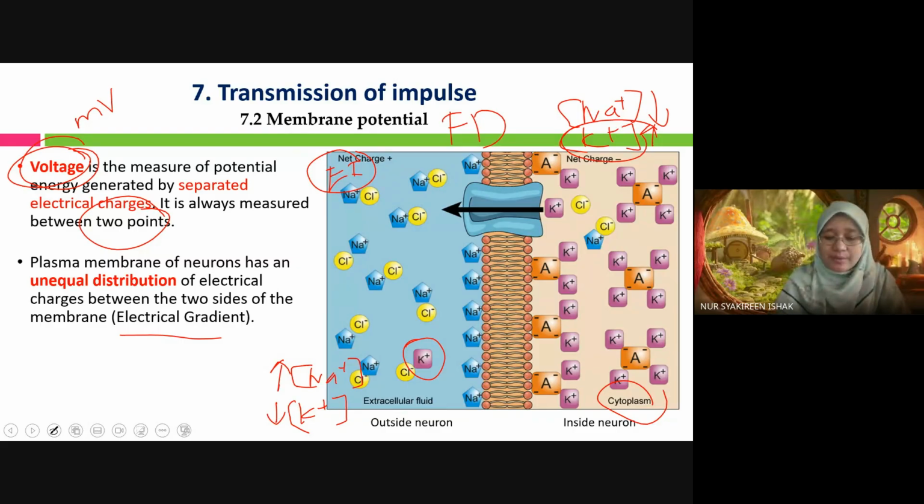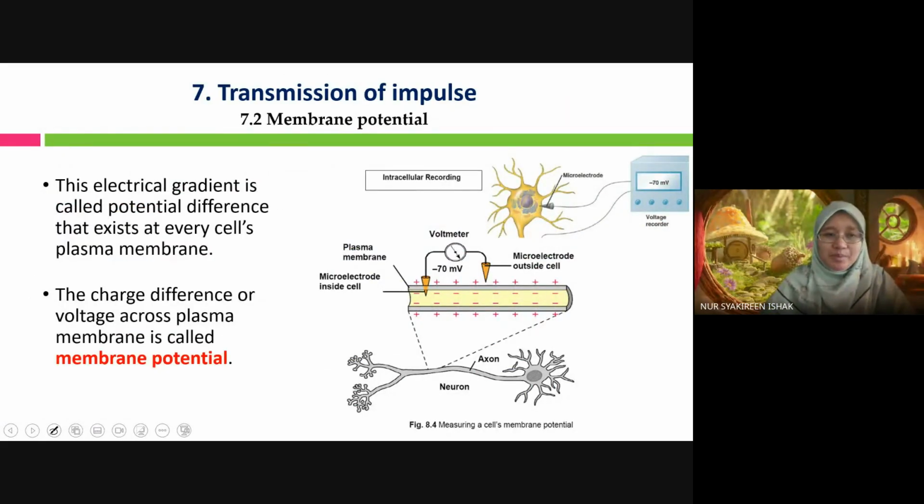So this electrical gradient is called the potential difference that exists in every cell's plasma membrane. So the charge difference or voltage across the plasma membrane we call membrane potential. Perbezaan charge luar dengan dalam ni adalah membrane potential. Kita measure dia sebagai voltage. Because it is cells, the unit is millivolt. Tak sampailah volt kan, so millivolt.